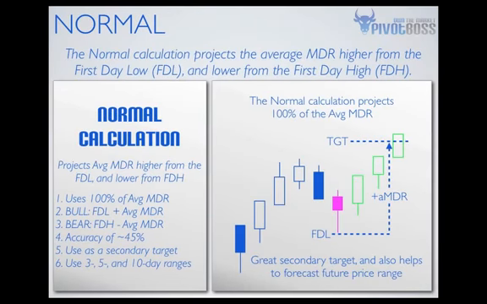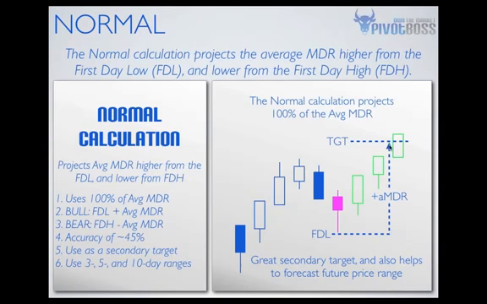Let's look at the normal calculation, how it's calculated, and of course, let's look at what the targets look like on the actual charts. So the normal calculation projects the average MDR higher from the first day low and lower from the first day high. So if you look at the illustration, you can see this is the entry bar or the signal bar, the pink or fuchsia bar here. We're going to look at the first day low, that's this bar, and project higher the average MDR.